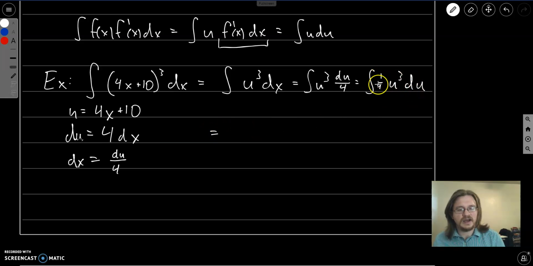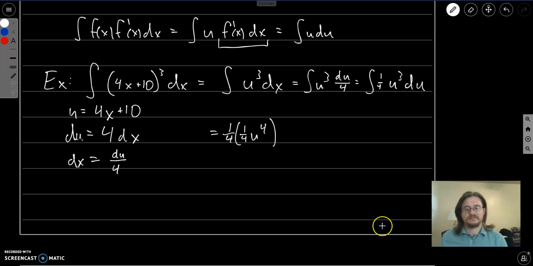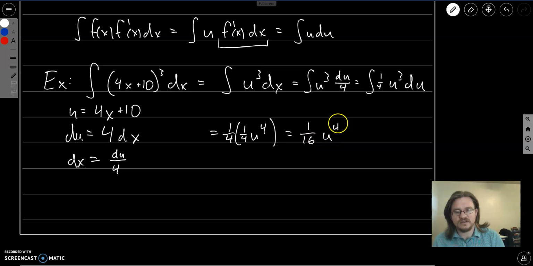So again, I can pull constants out of antiderivatives, and then the antiderivative of u to the third power is going to be u to the fourth power divided by 4. Again, we raise it to the one higher power and we divide by that power. So when all is said and done, we get 1/16 u to the fourth power.